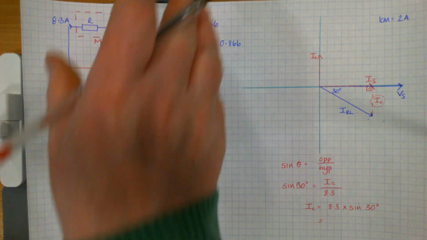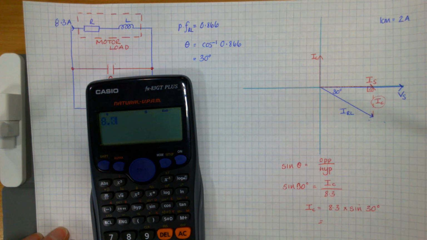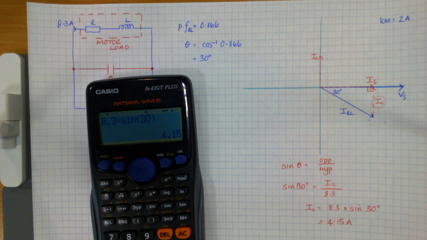So it'll be 8.3 times the sine of 30. That gets you 4.15.